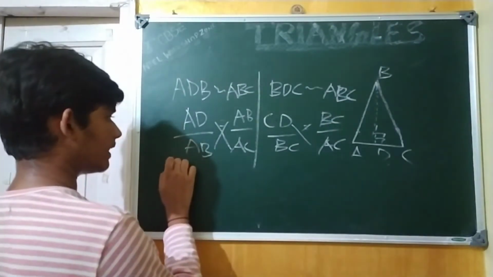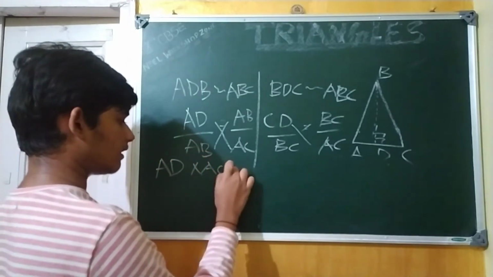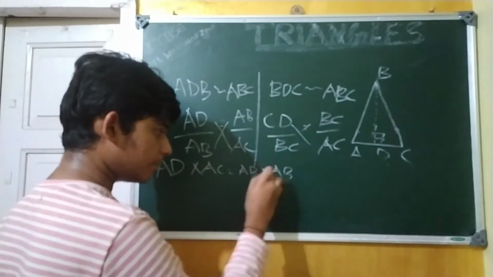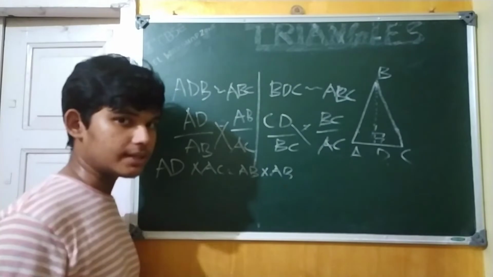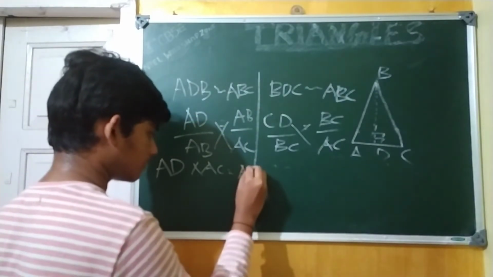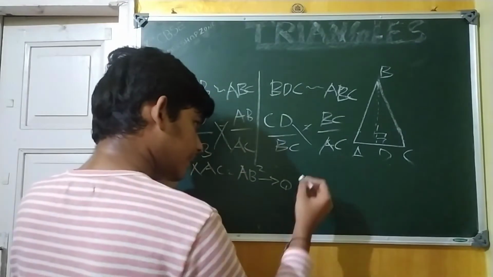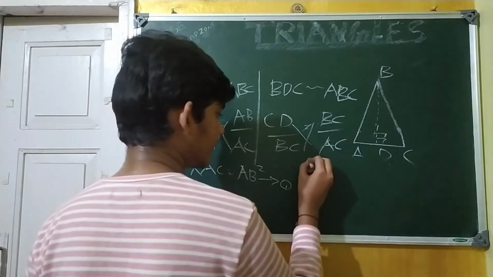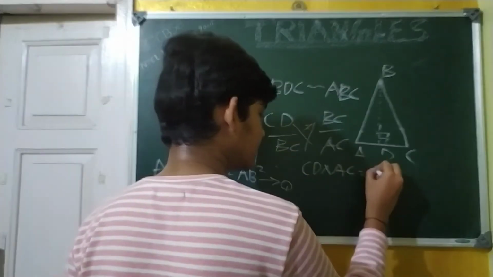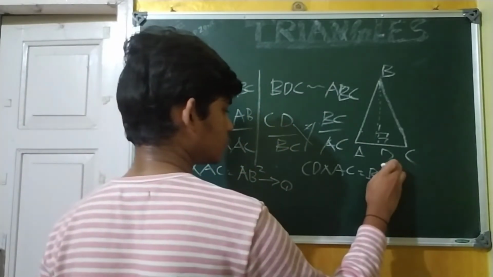By doing this, we'll get AD into AC is equal to AB into AB. Now AB into AB is equal to AB square. So instead of writing AB into AB, we can just write it as AB square. We can take this as equation number 1. On the other hand, when you cross multiply this, you get CD into AC is equal to BC into BC, or you can write them as BC square.